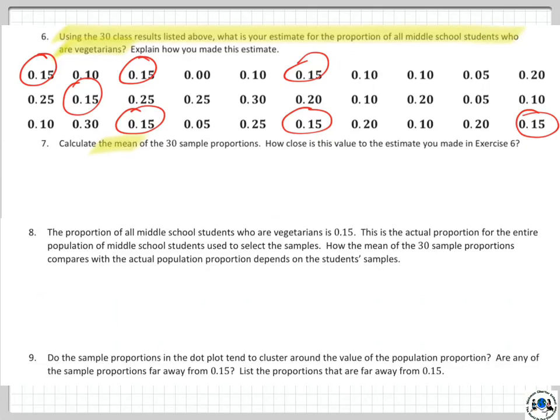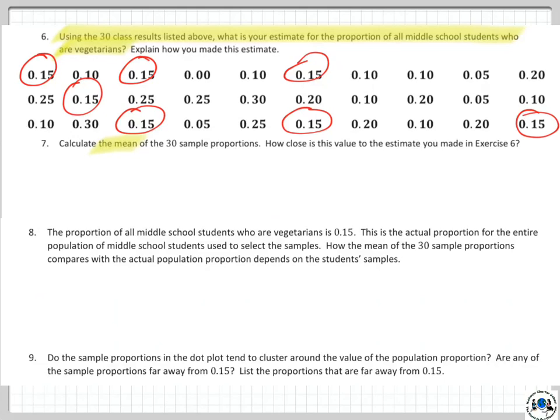But we can take those yeses and nos and add them up and then come up with averages or means, all right? So if you go ahead and do that, I'd love for you to calculate the mean for these 30 sample responses here, and then come on back and let's see how close you got.